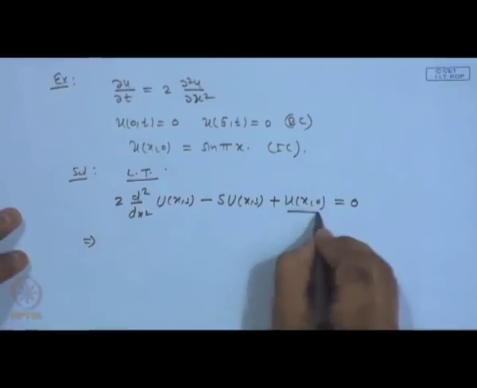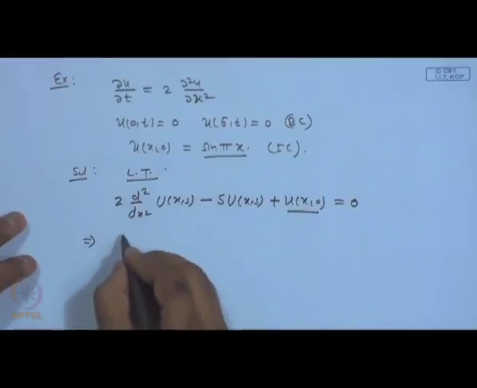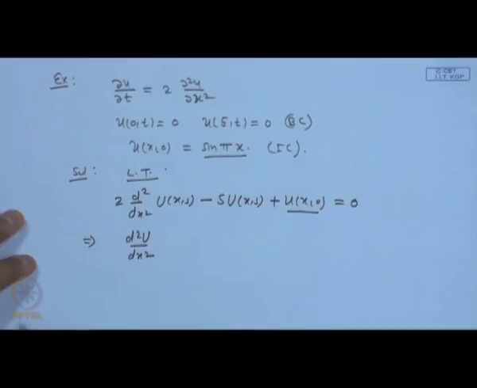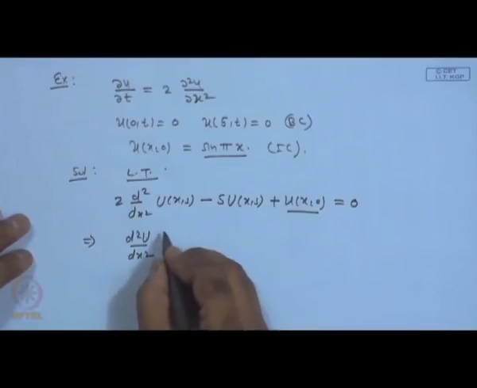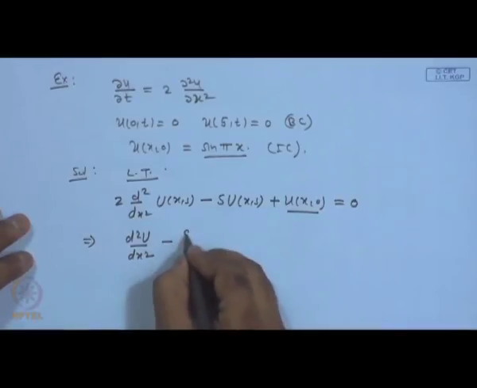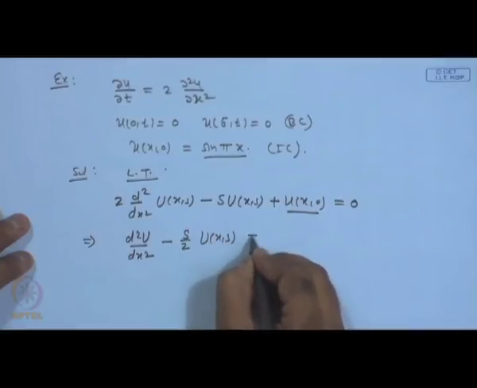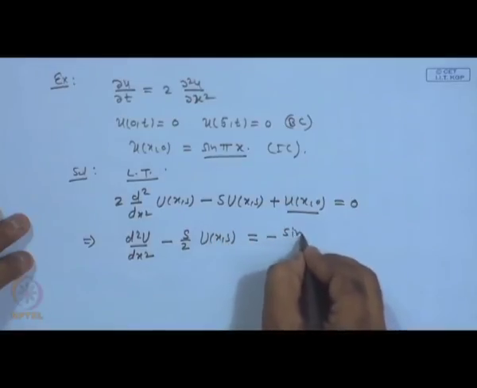So we have d2u over dx square minus s by 2 u(x,s), and we take this to the right hand side, we have sin(pi x) over 2.